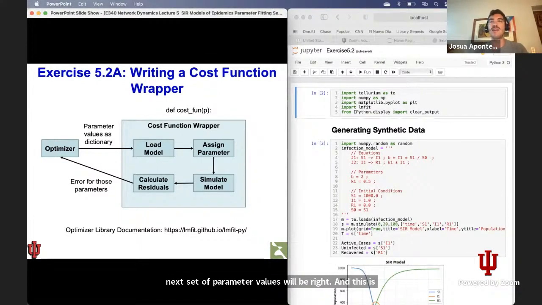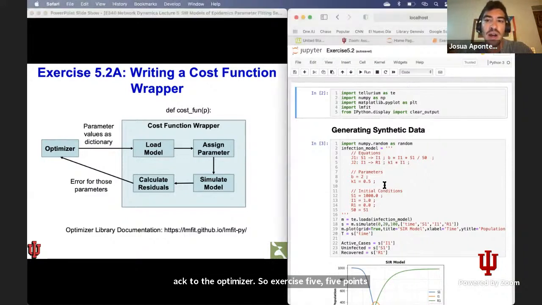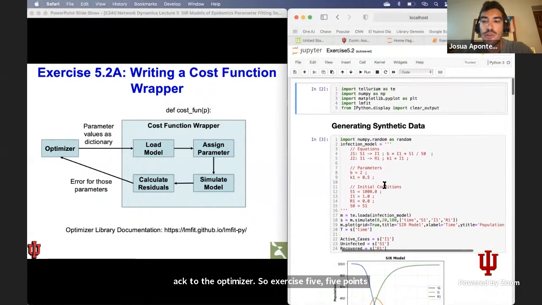Again, the idea is that we have to somehow connect what the optimizer is giving us to running the simulation, estimating the difference between data and model, and returning that difference back to the optimizer. So exercise 5.2 does a little bit of that.